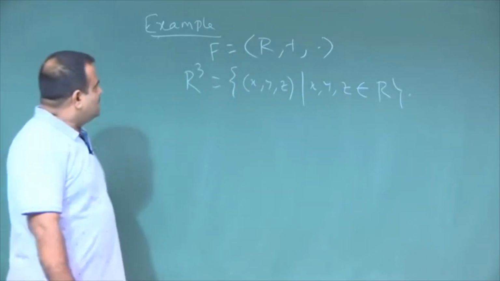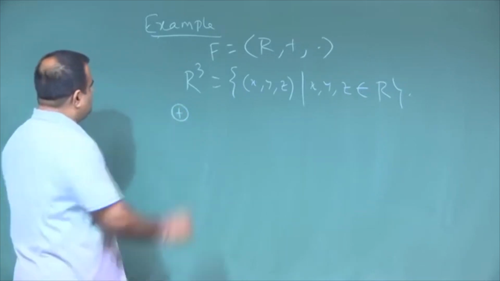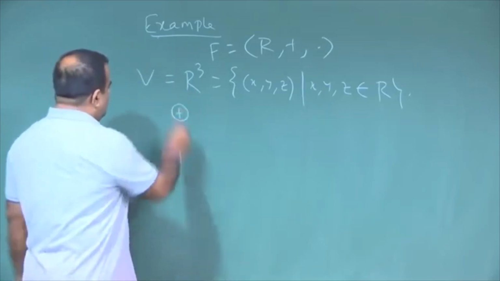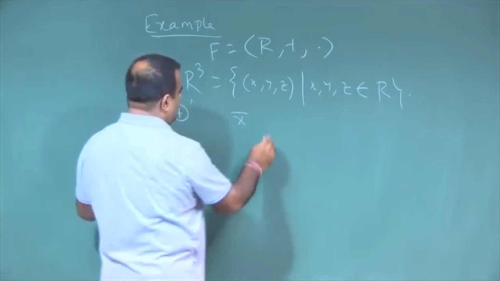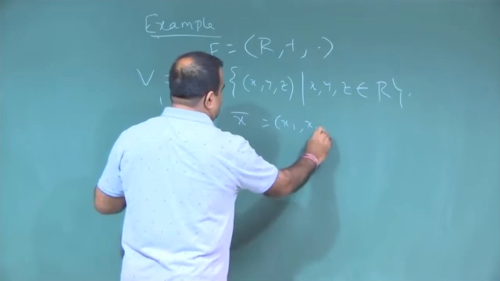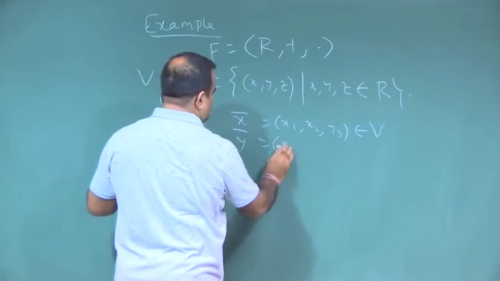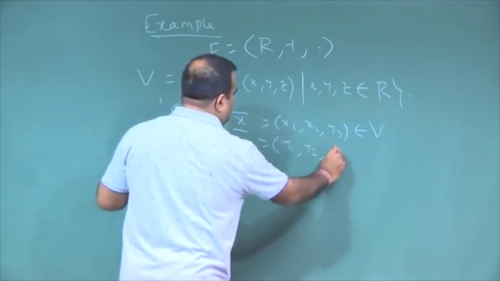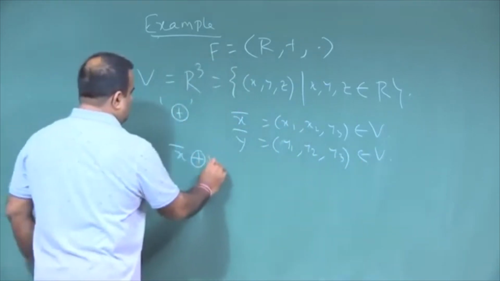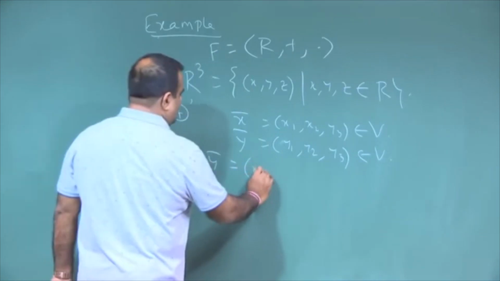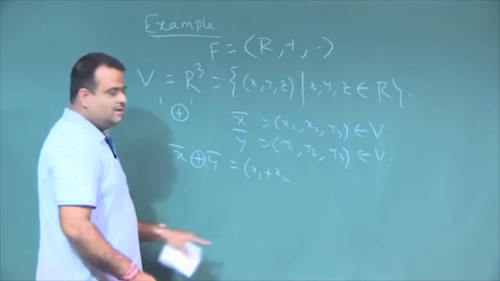Now, we can define two operators, like vector addition. So, this is our V. How to define vector addition? We can take two vectors, say x vector, which is x1, x2, x3 from V, and y vector, which is y1, y2, y3 from V. Now, we can define this by simply x1 plus y1, x2 plus y2, x3 plus y3. These plus signs are the field plus, because these are field elements.